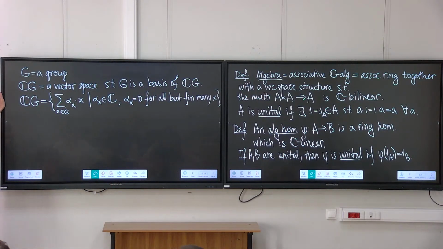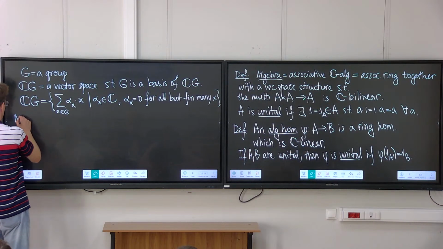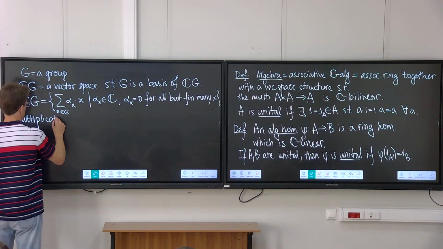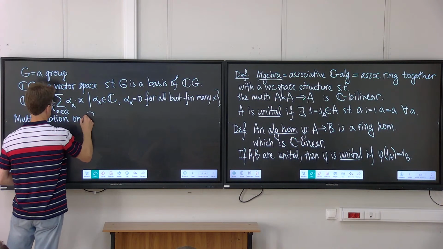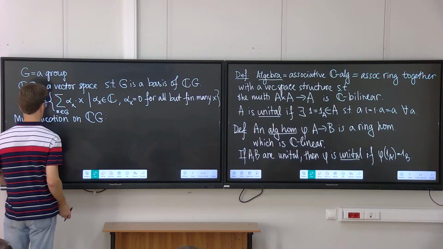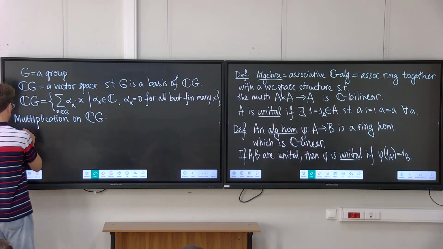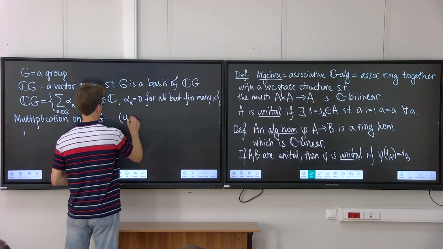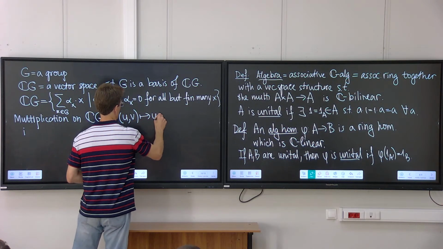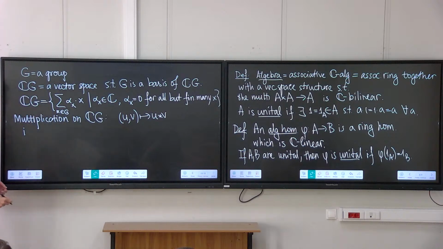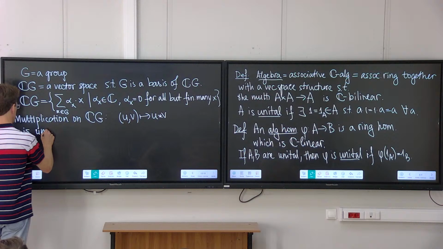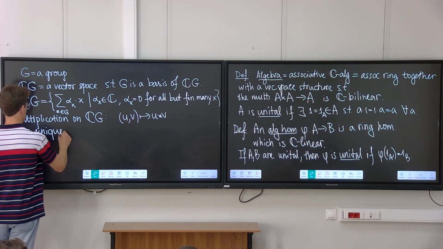This space has a multiplication, which is uniquely determined by the requirement that it extends the multiplication on G. Let's denote it by star.